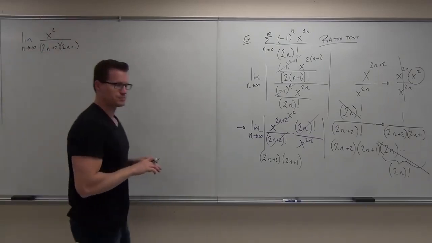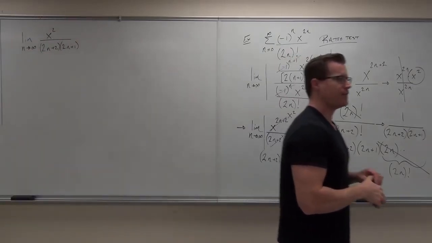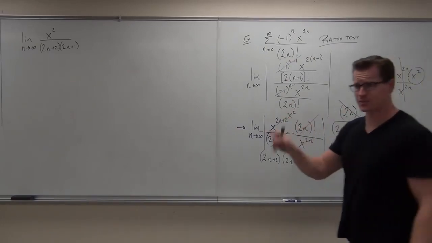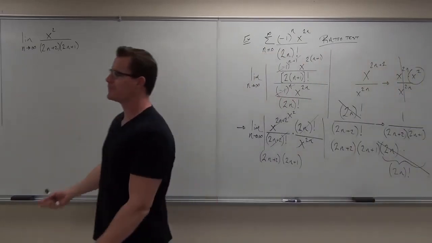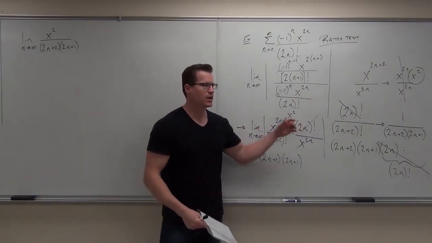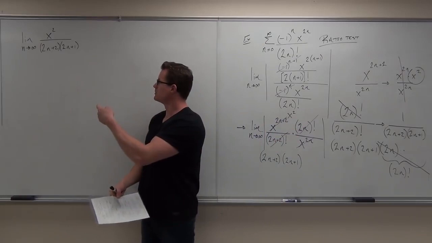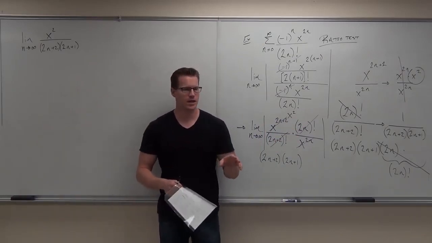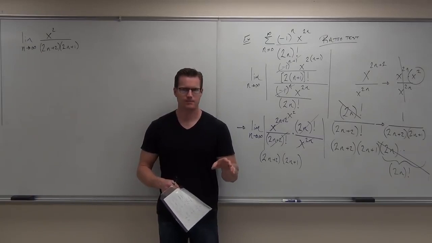Now, here's the deal. At this point, we're going to see what happens when we let our n go to infinity. We've already simplified everything we can, right? If we let our n go to infinity, what are we going to get? Infinity over infinity. Now, remember something about this.